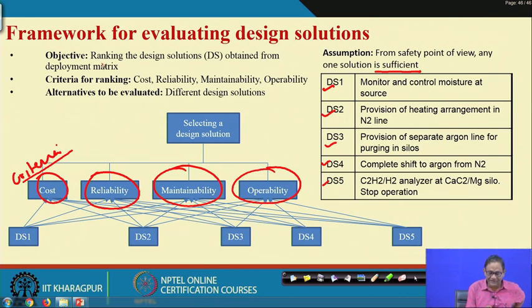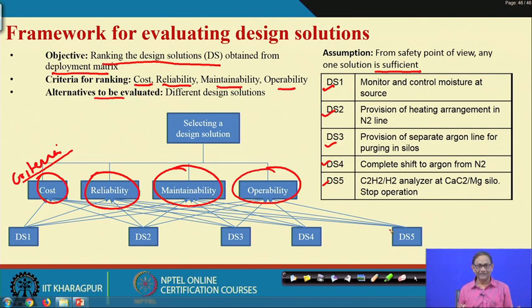Our objective is ranking of design solutions obtained from SFD. The criteria we are considering are cost, reliability, maintainability and operability. I understand that you know what reliability, maintainability and operability are; we have discussed them before, otherwise we will discuss them again. And the alternatives to be evaluated are nothing but the different design solutions.